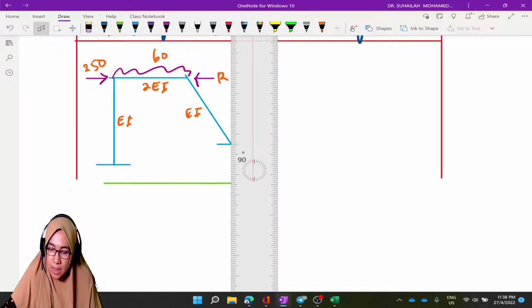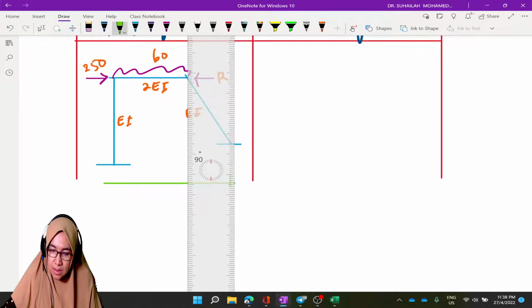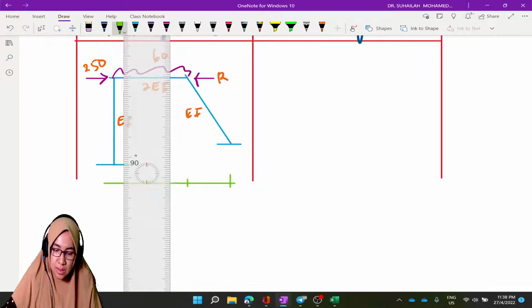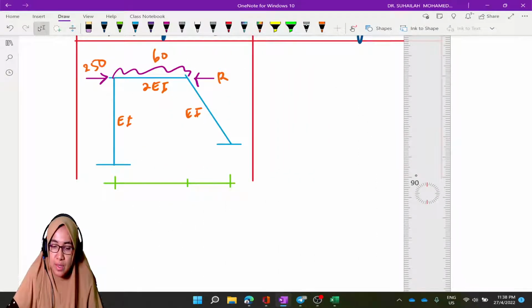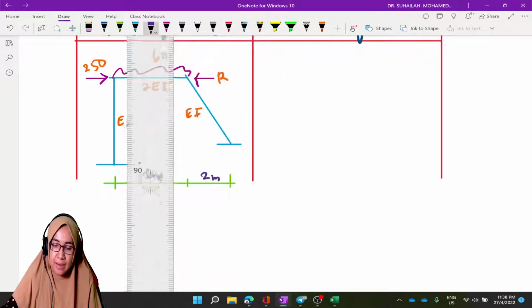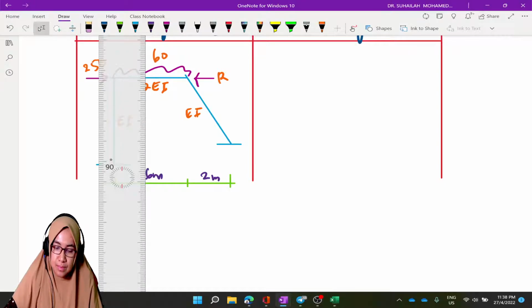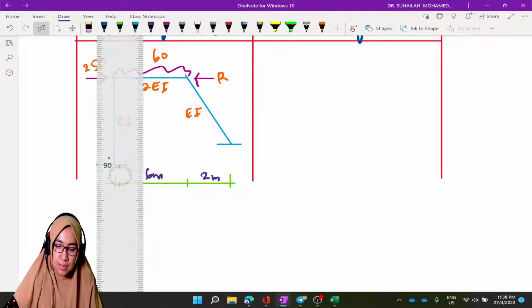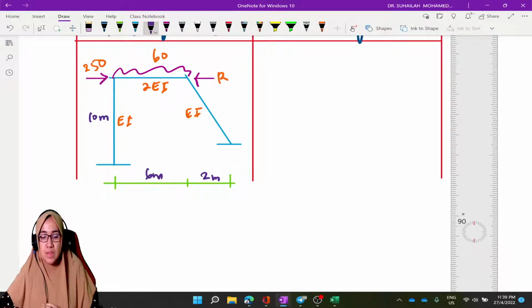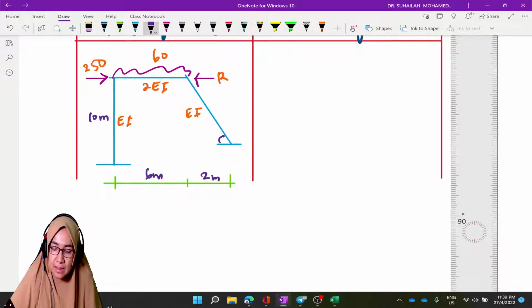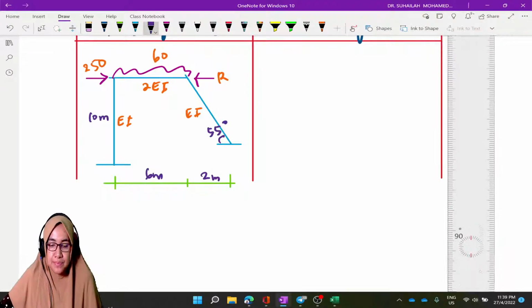We get this distance and this distance. So here this is 6 meter, this is 2 meter, and the total height is 10 meter, and the angle is given as 55 degree.